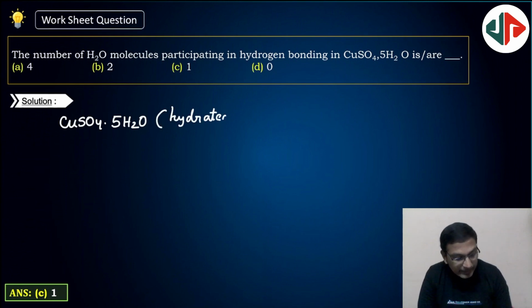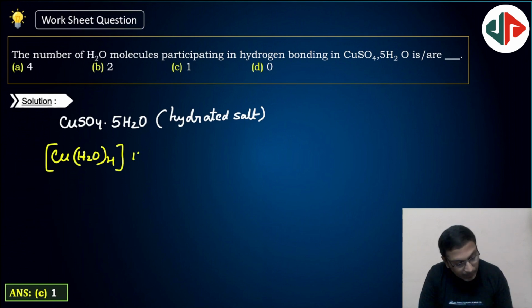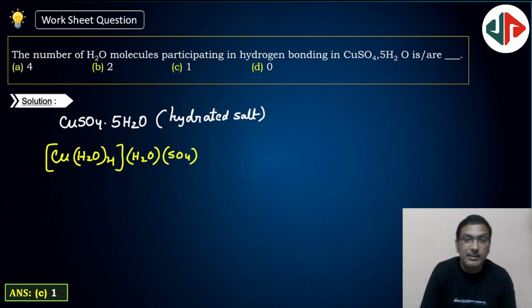This is a hydrated salt. So the actual structure of this molecule is Cu(H2O)4, one H2O and SO4. This is the actual structure.